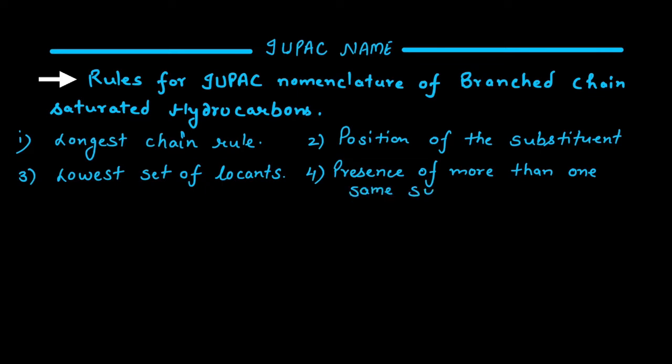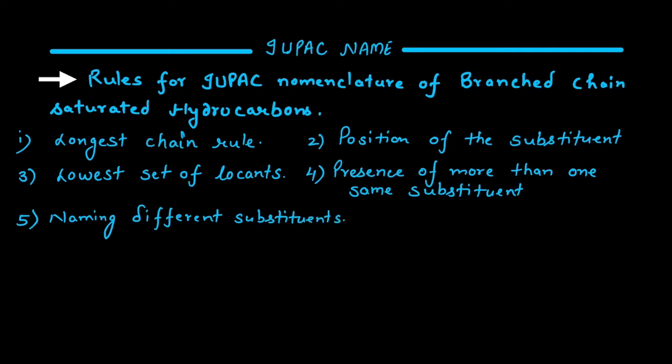Now moving on to our fifth rule, that is naming different substituents. If two or more different substituents are present, then how do we name them? In this rule we will be studying the detail with examples.